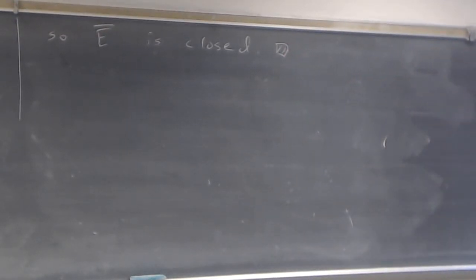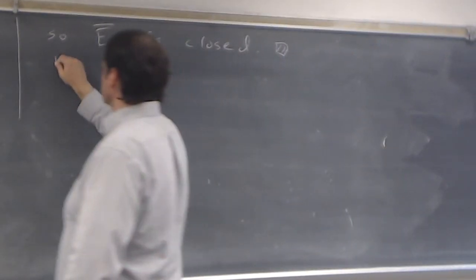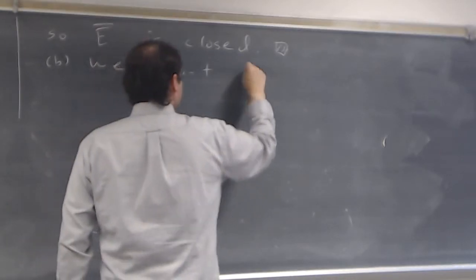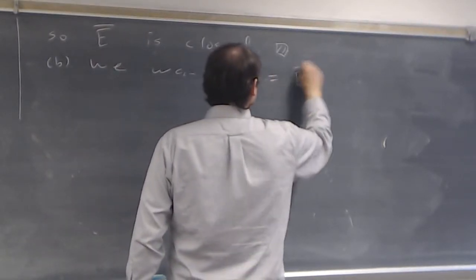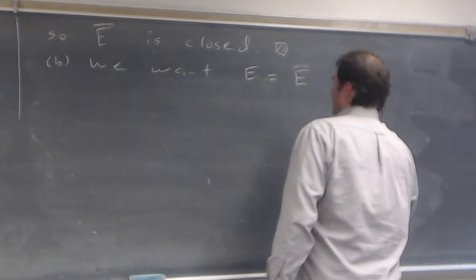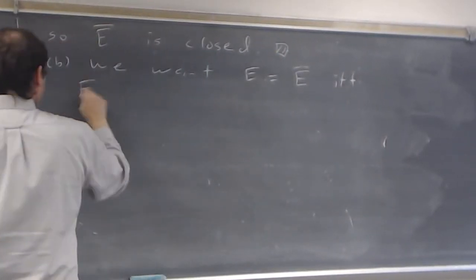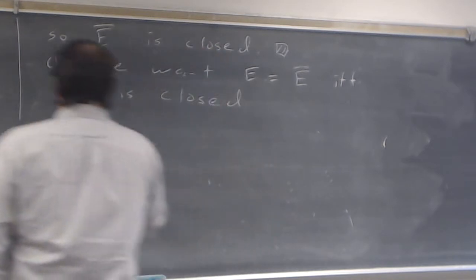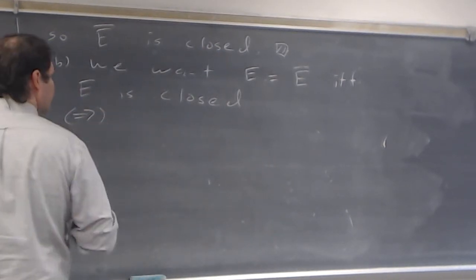Okay. For part B, we had two things we wanted to show. We want to show E equals its closure if and only if E is closed. That's a recollection of the statement. So we've got two directions here to prove.